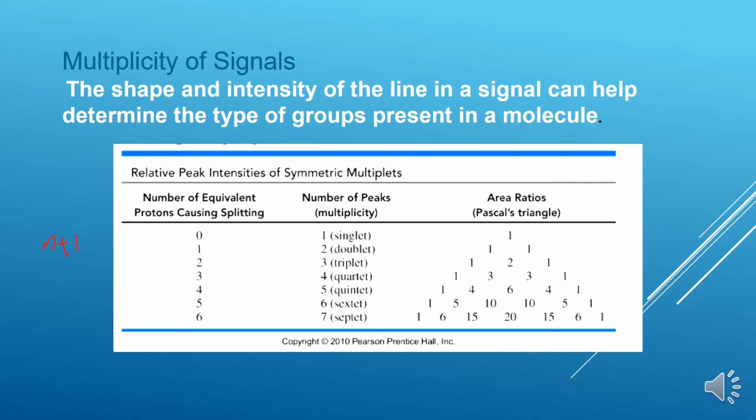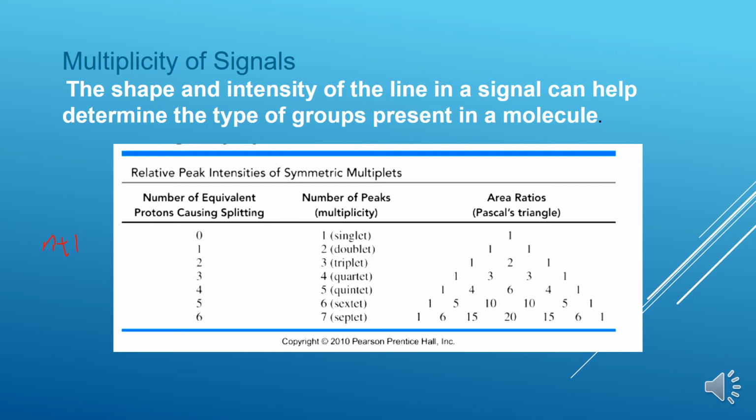So they are distributed in different intensities also, which can be calculated by using Pascal's triangle. Here I will tell you how to write the Pascal triangle clearly, because it is calculated strictly on the basis of certain rules.